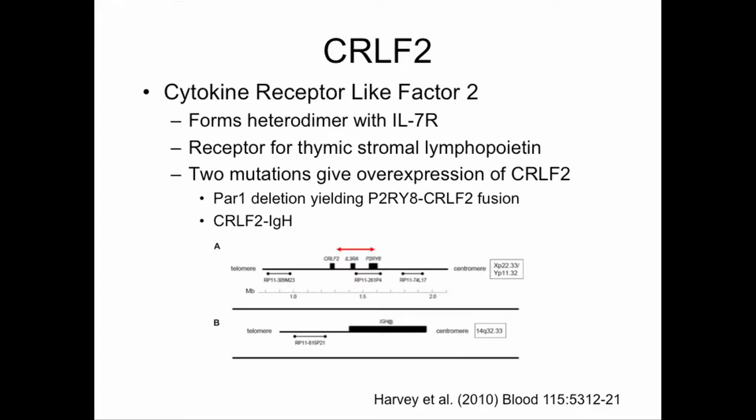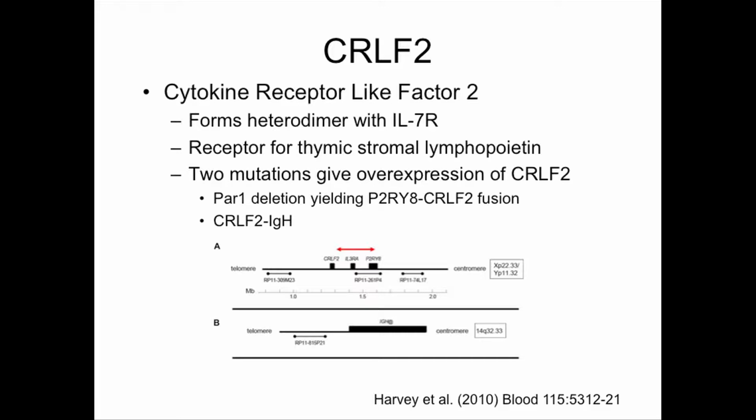The CRLF2 gene itself, which has been of focused interest of the group in which we've participated in a variety of studies, stands for cytokine receptor-like factor 2. This is a protein that forms a heterodimer with the interleukin-7 receptor, an important growth factor receptor during lymphoid development, and is in fact the receptor for thymic stromal lymphopoietin. There are 2 mutations described as the major mutations in CRLF2.